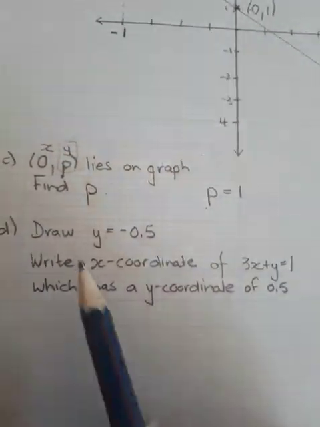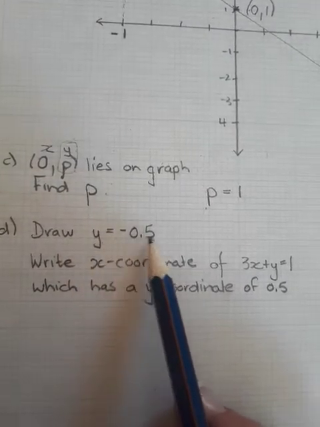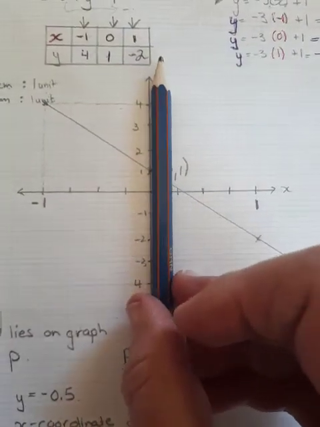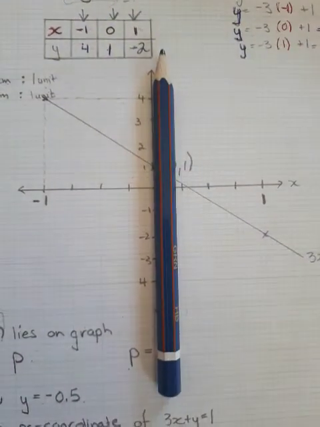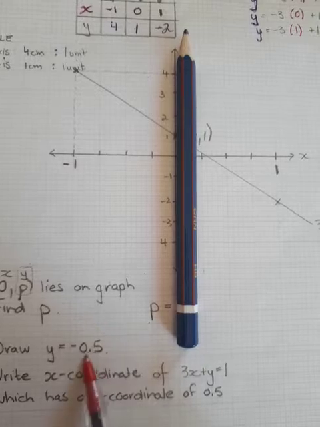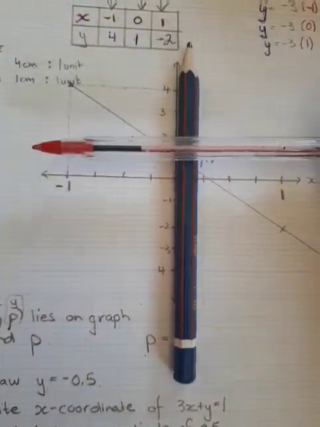Then they're telling you to draw a graph line where y equals negative 0.5. Now I want to emphasize something here. This is my y-axis, so it lies vertically. But any line where y equals a constant value will always lie horizontally.